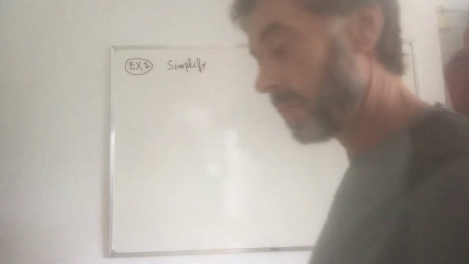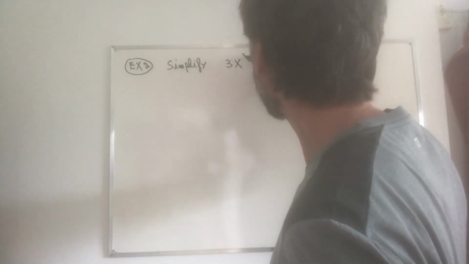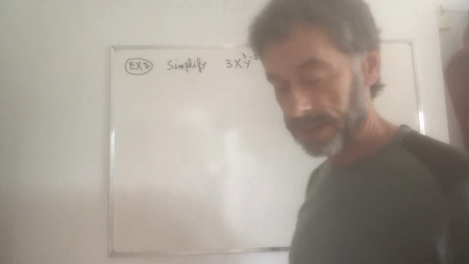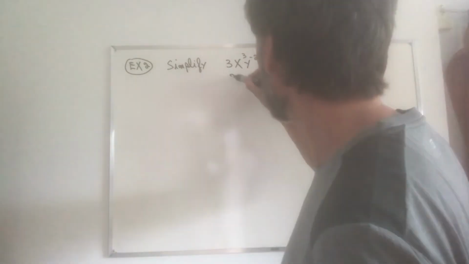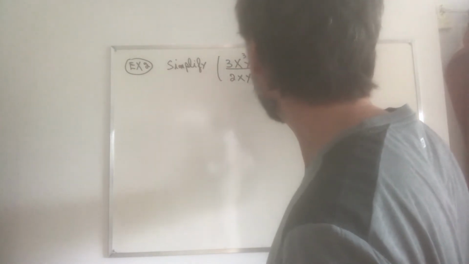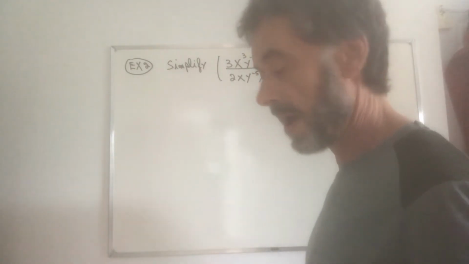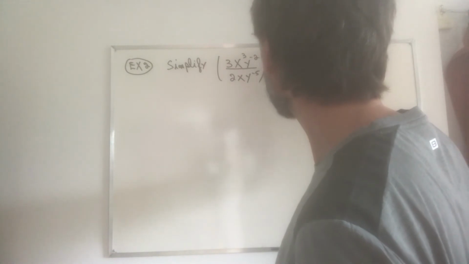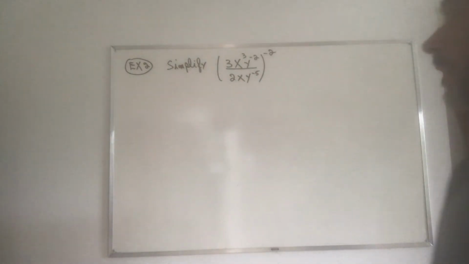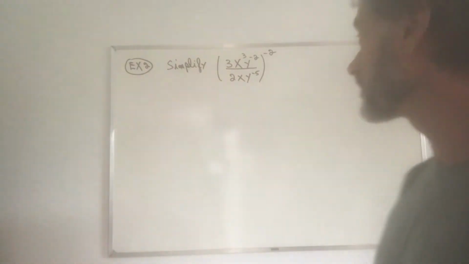Simplify what? 3y to the minus 2 over 2xy to the minus 5. All of this, one is divided by the other, and this is raised to the power of minus 2. All right, this is a classic problem of a good level. Makes us practice plenty of rules, yes?